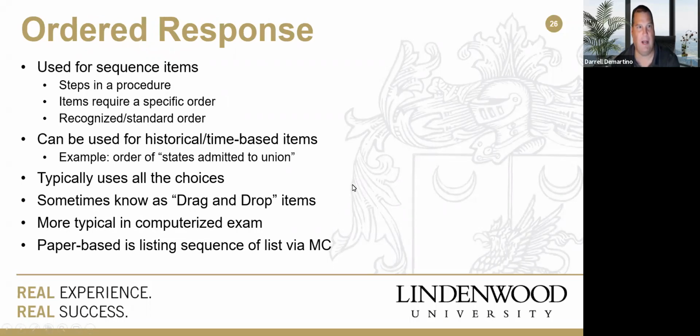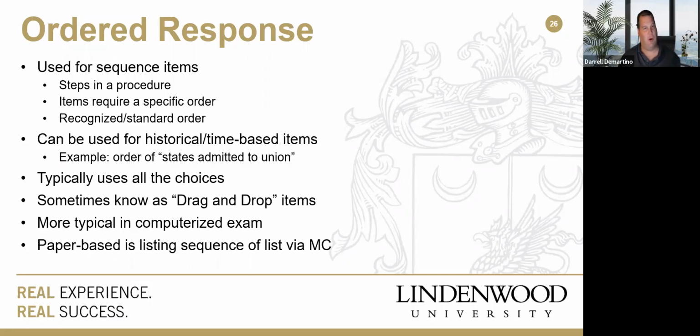Ordered response items. These are often used for ordered things, steps in a procedure, specific orders, historical items. If I were a history teacher in a certain junior high, I might ask people to order when different states were admitted to the Union.